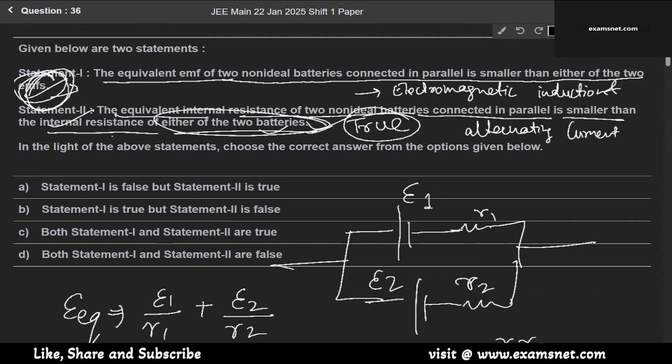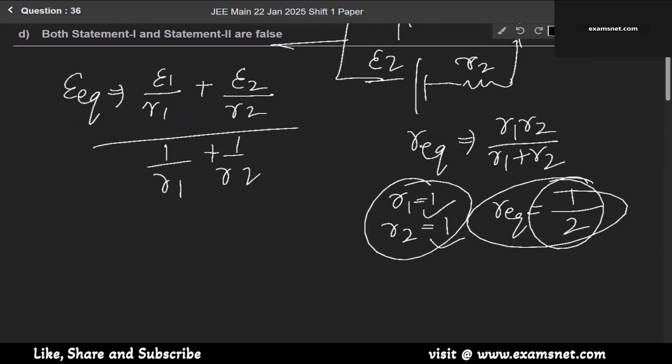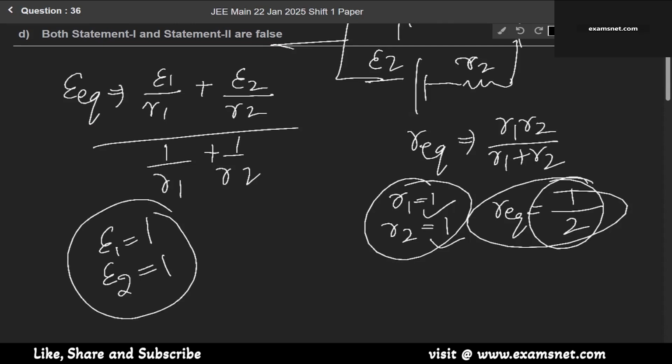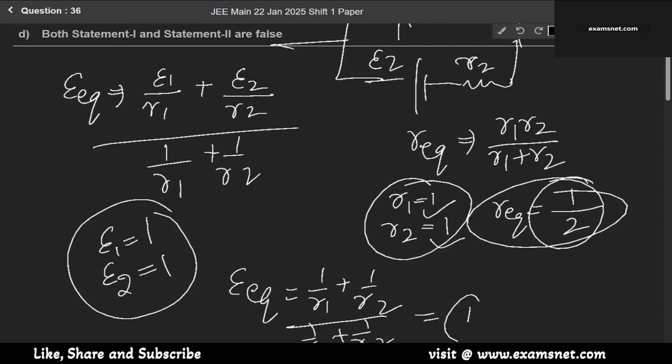So statement 2 is true. Now in statement 1, they are saying it is smaller than either of the two EMFs. Let us take an example, just an example: if epsilon 1 equals 1 and epsilon 2 equals 1, then E equivalent will be 1 over R1 plus 1 over R2, over 1 over R1 plus 1 over R2, so it will be equal to 1.